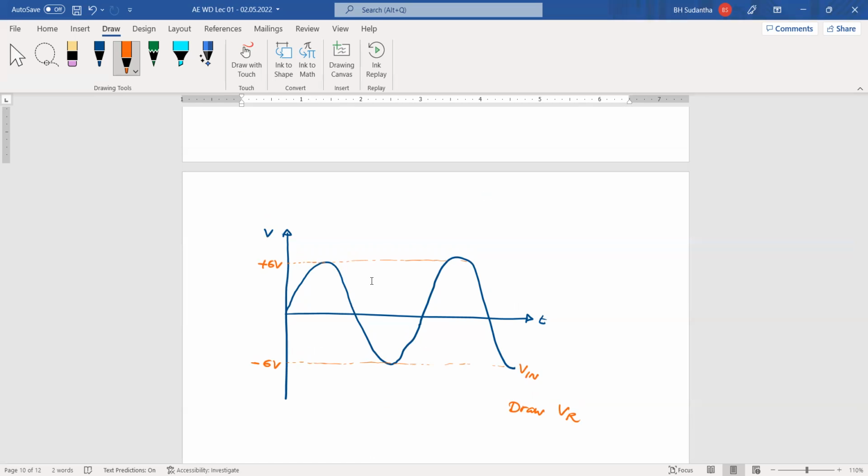Okay, just think about how to draw the output waveform of this one. When you give this one, the shape may be a little bit different, but you can see that all the positive peaks are at +6 volts, all the negative peaks are at -6 volts. Then try to draw the output waveform. Next day we can discuss this one in detail.